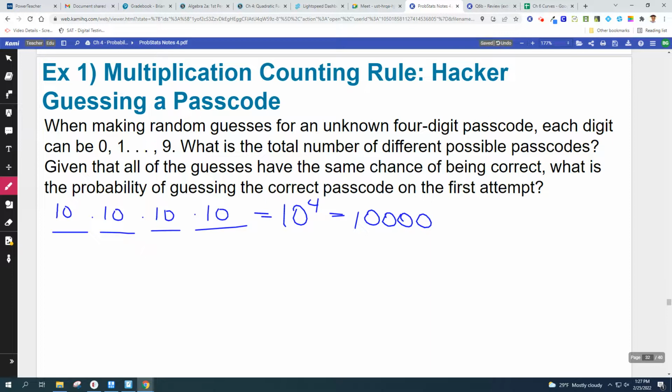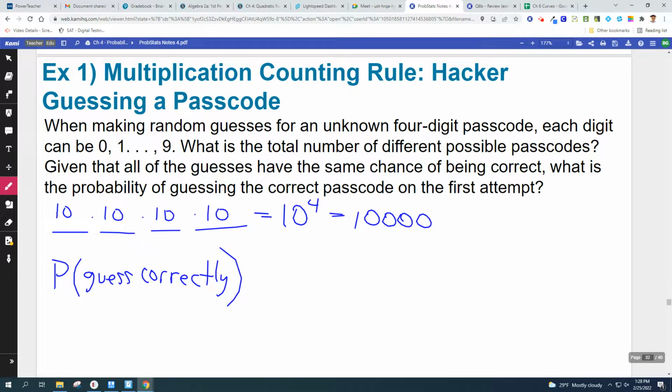Given that all of the guesses have the same chance of being correct, what's the probability of guessing the correct passcode? So we're finding the probability of guessing it correctly on the first try. So if you think about it, if you're trying to break into my phone, how many passcodes work on my phone? Just 1, right?